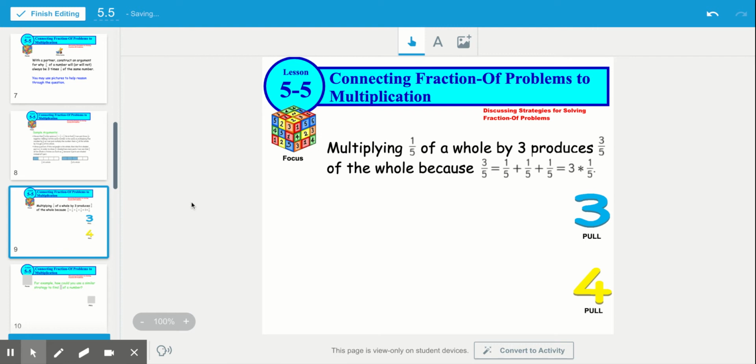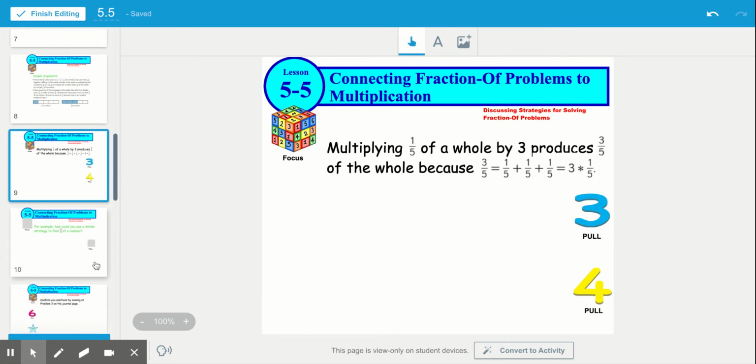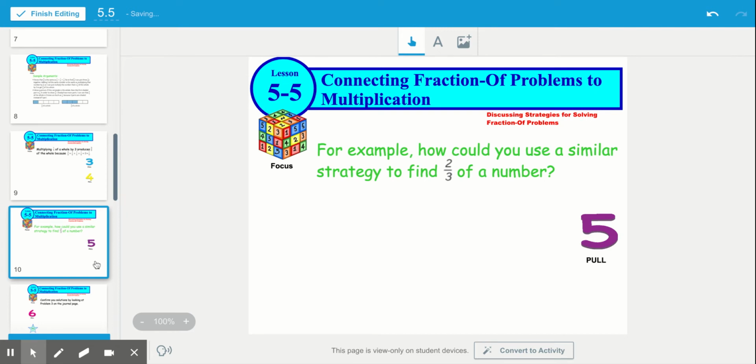Multiplying 1/5 of the whole by 3 produces 3/5 of the whole because 3/5 equals 1/5 plus 1/5 plus 1/5, or 3 times 1/5. And if you remember in past lessons, we said the word of also means multiply. This should be bringing back some memories from a previous lesson.